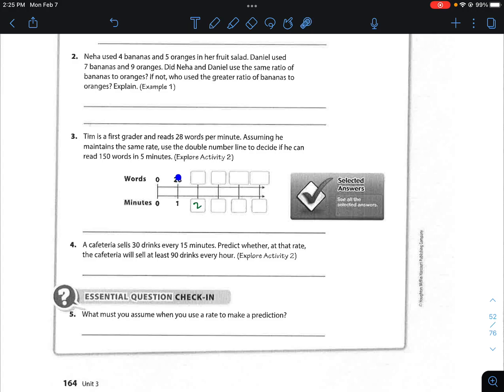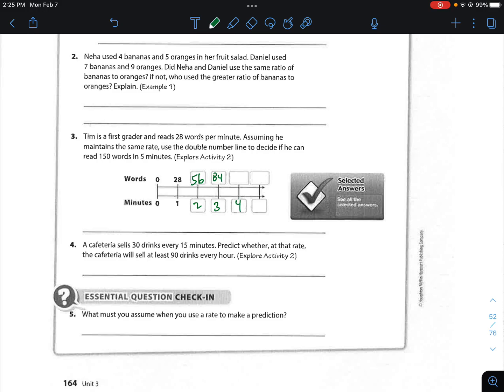Well, he'd be able to read another 28 words, right? Like double the amount. So that would be 56 words. And then after a 3rd minute, what is 28 times 3? Adding 28 more to 56 would get you 84.